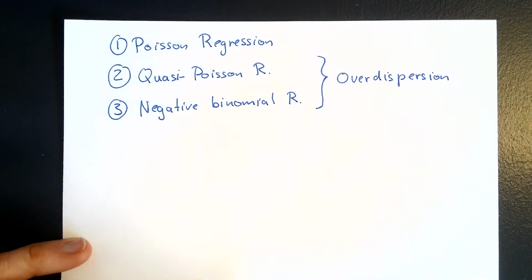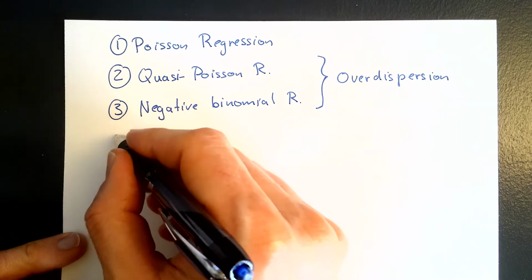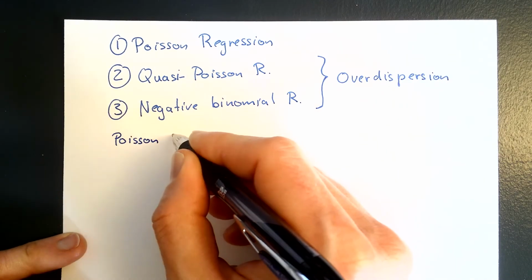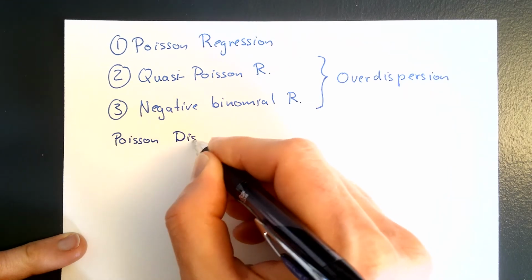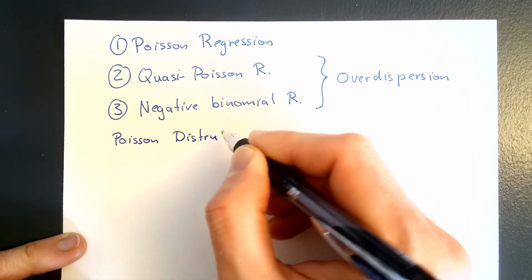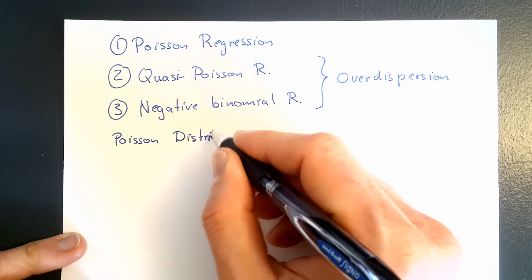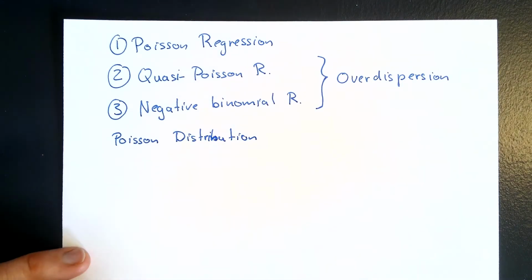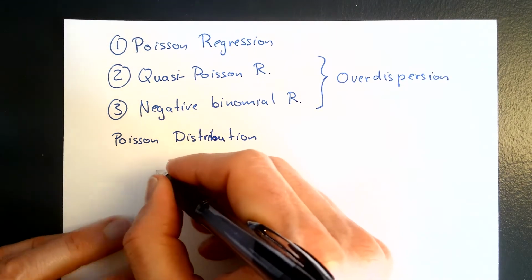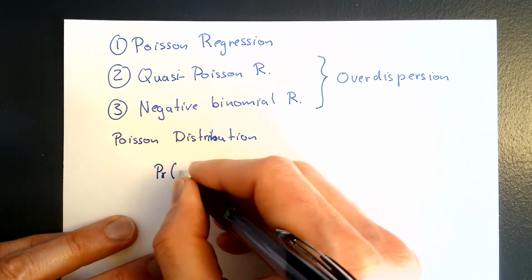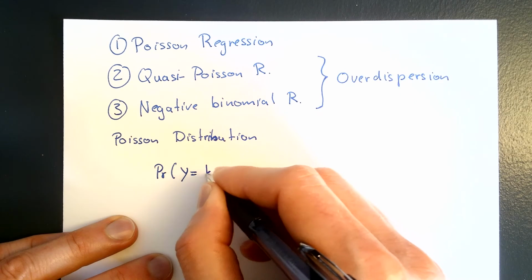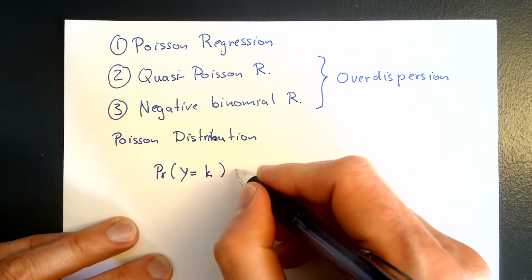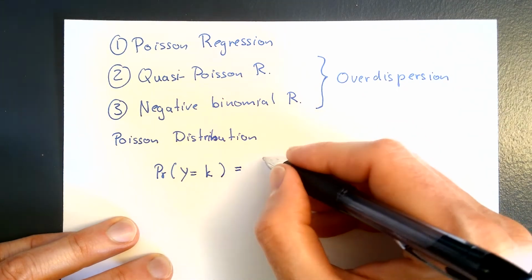Okay? Now, let us first look at the Poisson distribution and its properties. Okay? So the Poisson distribution can be written as follows, where we have y as the random variable and k would be the outcome of interest.